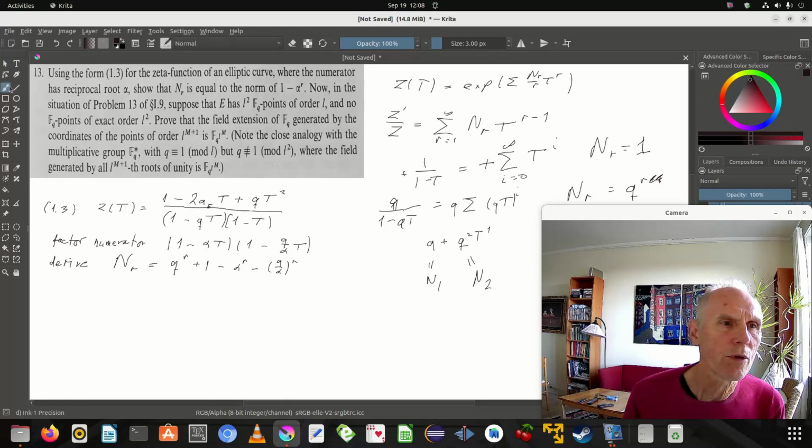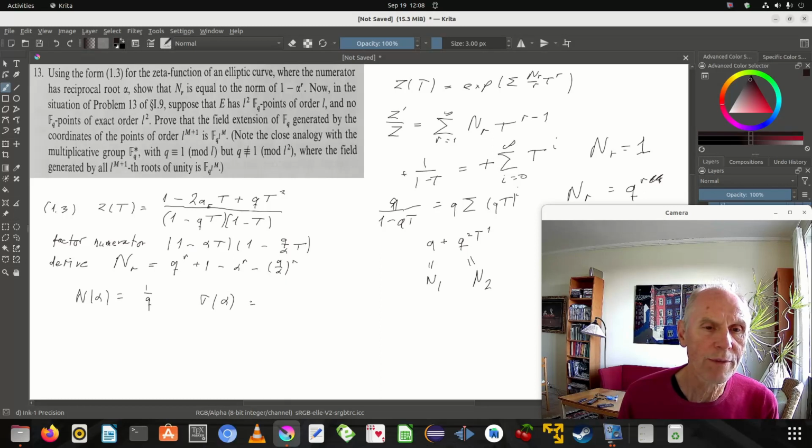Now, the norm of alpha is 1 divided by q, and that means that the conjugate of alpha is, now what is that? Their product is q, so it's q divided by alpha.